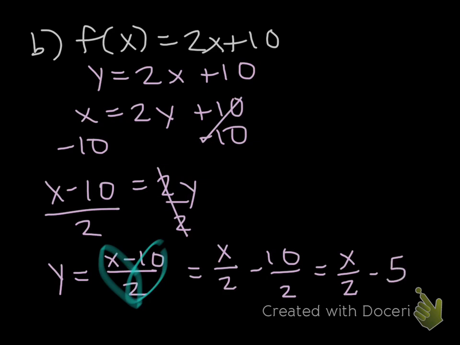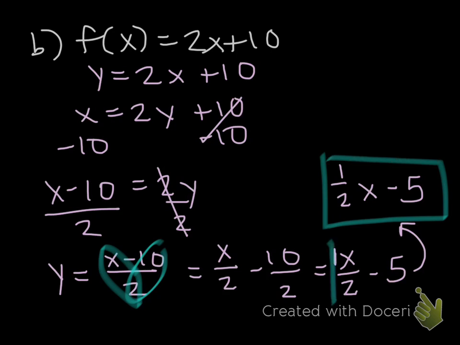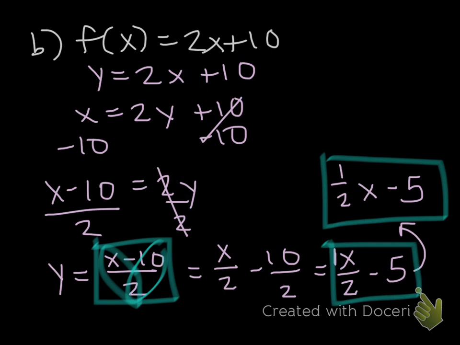And just good conversation to have in case you were doing a multiple choice test, this is technically considered to be 1x over 2. So this could be rewritten as 1/2 x minus 5. In terms of acceptable answers, I would take this as an answer, I would take this one as an answer, or I would take the original one as an answer. This is the only one where I would mark maybe 1/2 point off because you could reduce 10 over 2.